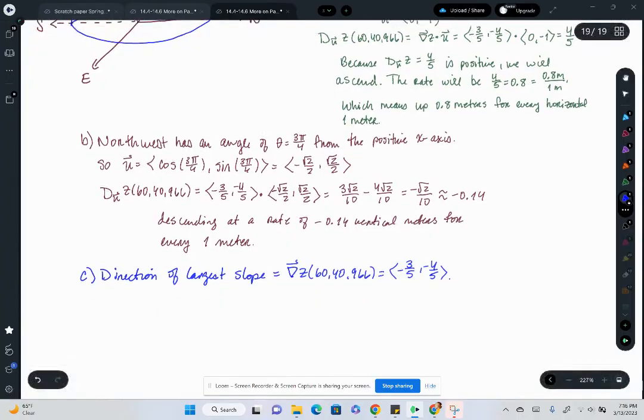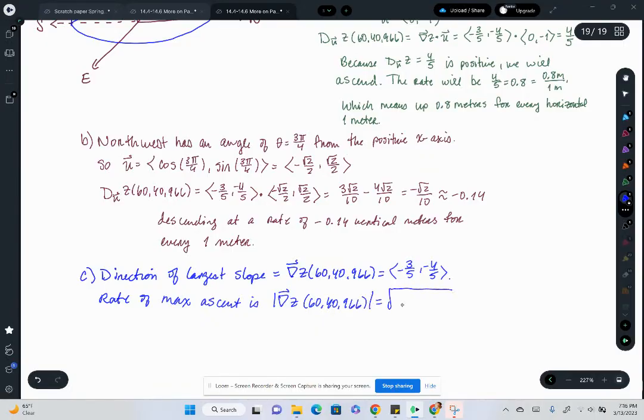And then the next part is the rate of the ascent, of the max ascent, is the magnitude of the gradient of z of (60, 40, 966).